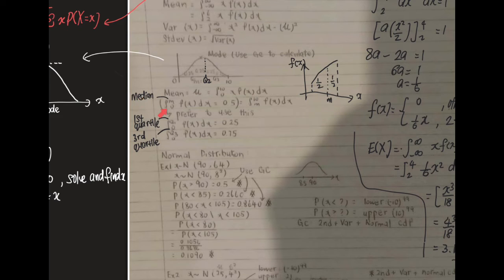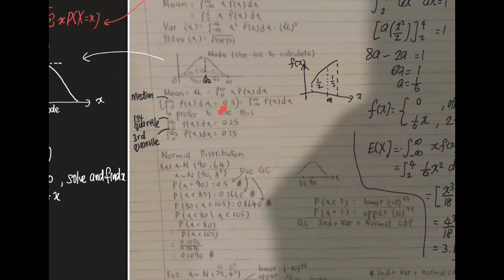When you integrate from the smallest x value, 0, to median Q2, then the area covered is here. Okay, here, this particular area, and the area is 0.5. And they also try to explain it in the other way.